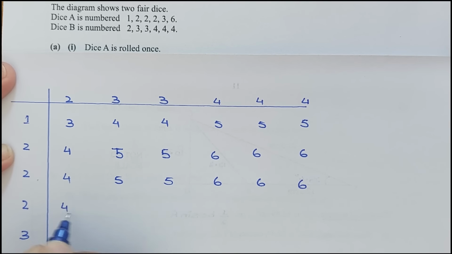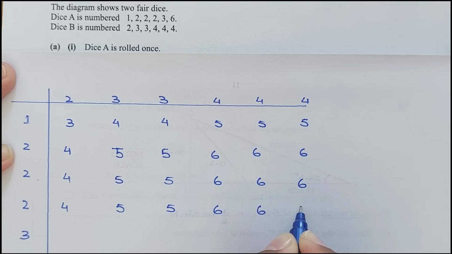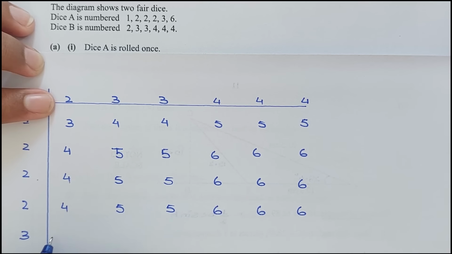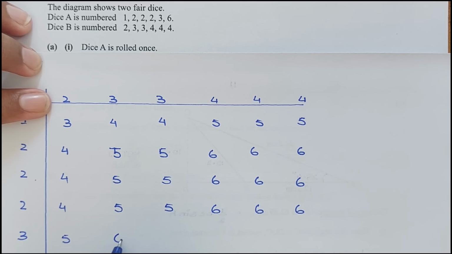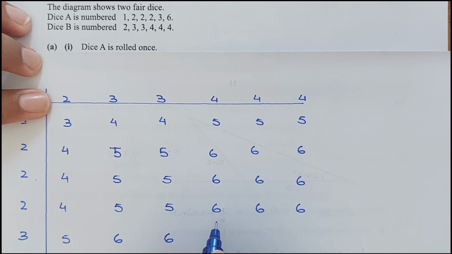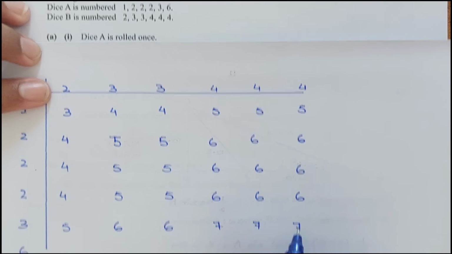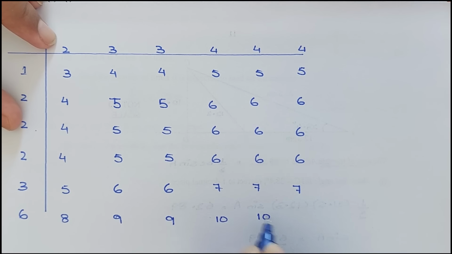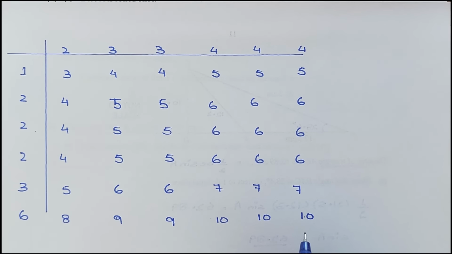Again adding 2, 4, 5, 5, 6, 6 and 6. Then adding 3: 5, 6, 6, 7, 7 and 7. And the last, adding 6: 8, 9, 9, 10, 10 and 10. So this is the table.